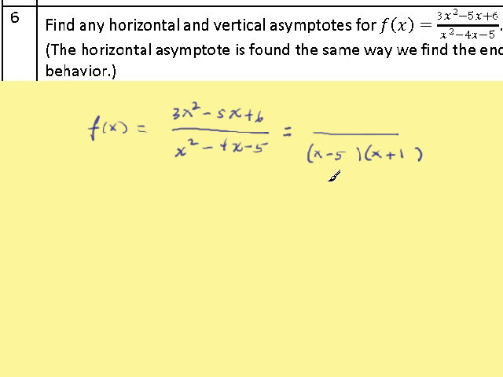So we have vertical asymptotes at x equals 5 and x equals minus 1. Okay, I don't have to factor the numerator. But now let's do end behavior.